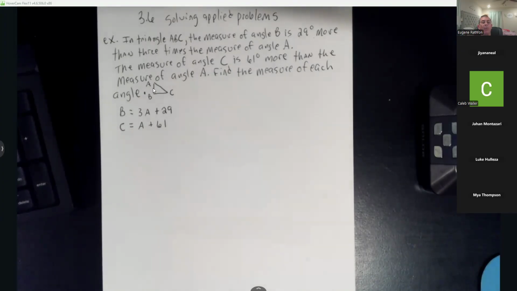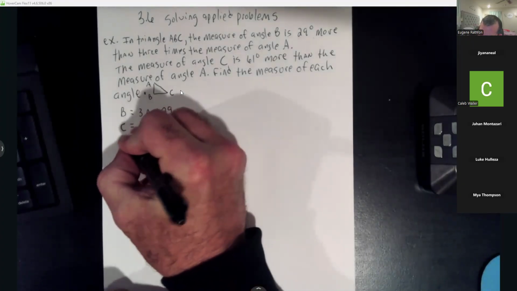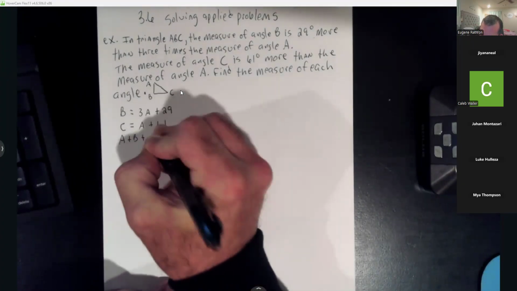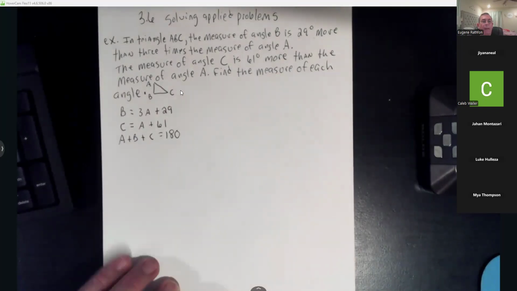What do the 3 angles of a triangle add up to? All right, definitely 180, y'all. Good job. So that means A plus B plus C equals 180.